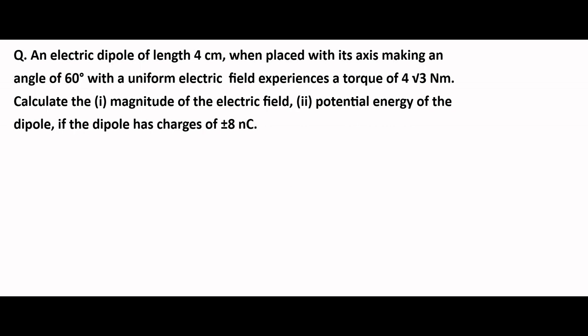We have an electric field, the magnitude of which we want to determine, and another thing, we have a dipole with charges minus 8 nanocoulomb and plus 8 nanocoulomb, with the dipole axis making an angle of 60 degrees with the direction of the electric field.